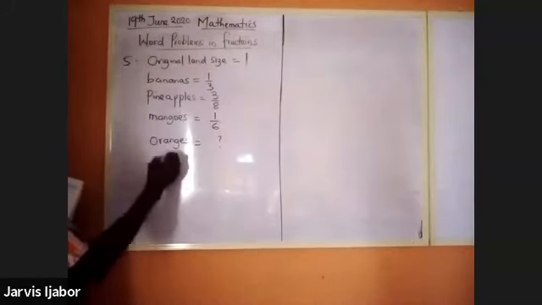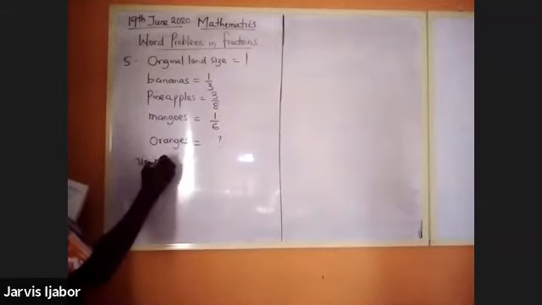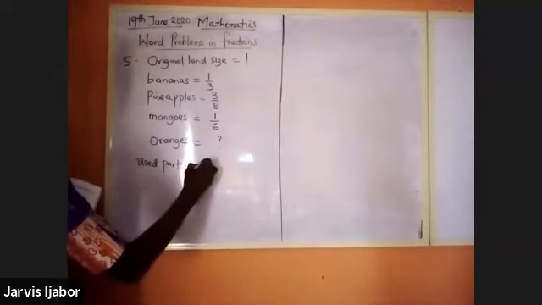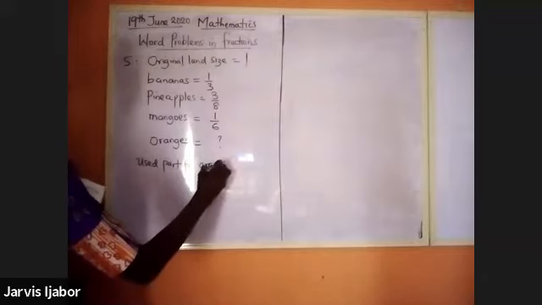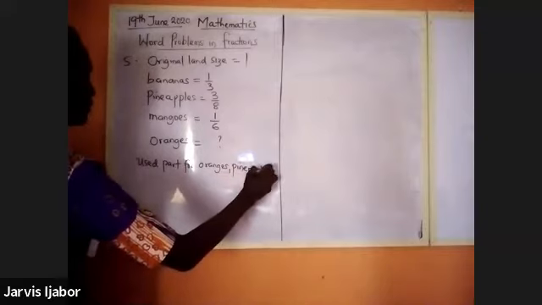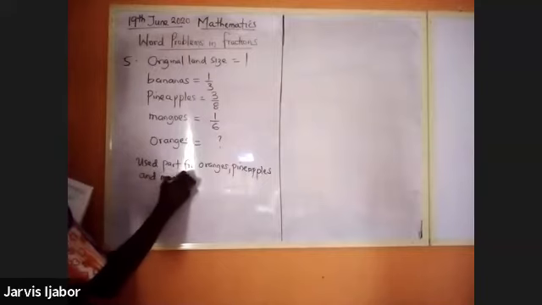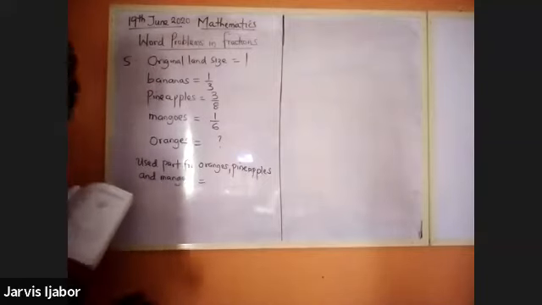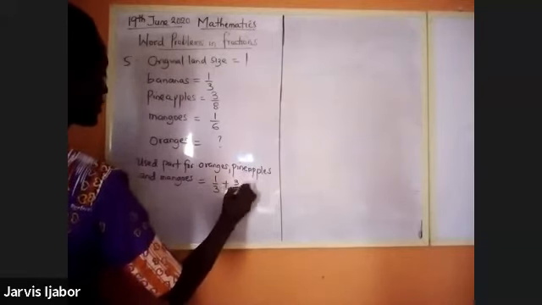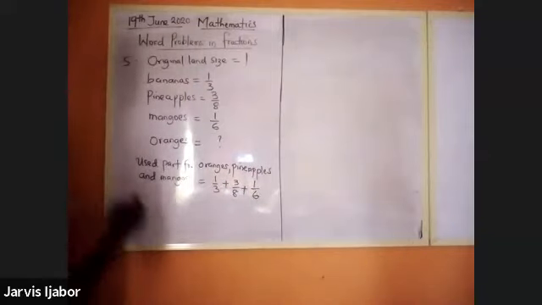So this will be equal to what? So used part for bananas, pineapples, and mangoes will be equal to 1/3 plus 3 over 8 plus 1 over 6. So remember, we need to do our LCM.